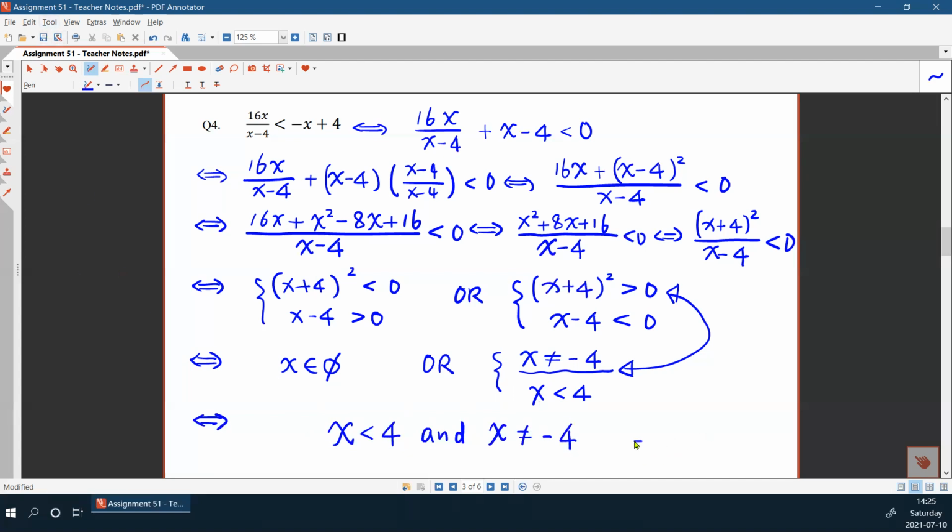If you draw a diagram, it should look like this. This is 4, this is minus 4. x should be less than 4, but cannot be minus 4. So you need to remove this point here. Okay? Please have a look at this.